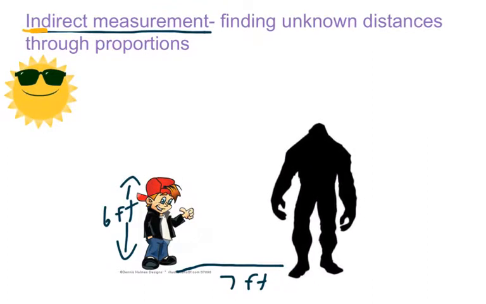All we have to do is measure Bigfoot's shadow. So let's say we measure Bigfoot's shadow, and no, this isn't drawn to scale, and Bigfoot's shadow measures 16 feet. And the question is, how tall is Bigfoot? And that's from the bottom all the way to the top of his head.